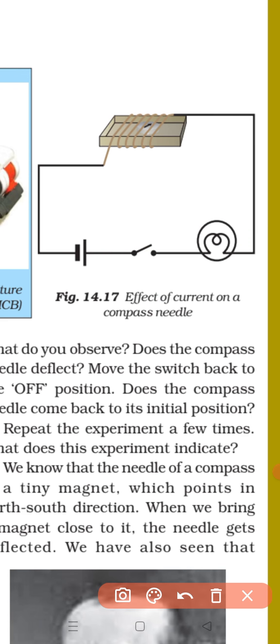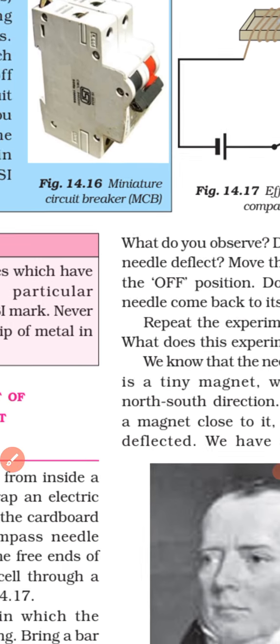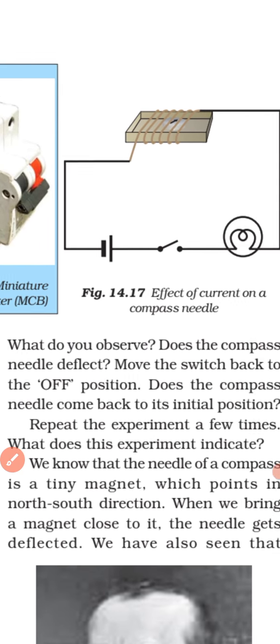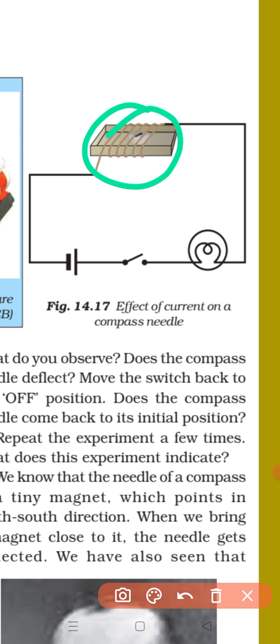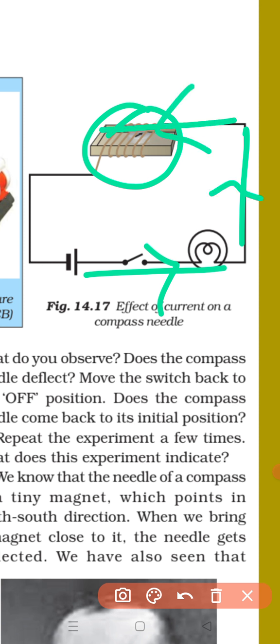In activity 14.5, we discussed that a current carrying wire was able to deflect a compass needle. So it was concluded that the electric current flowing in a wire gives rise to a magnetic field around it.